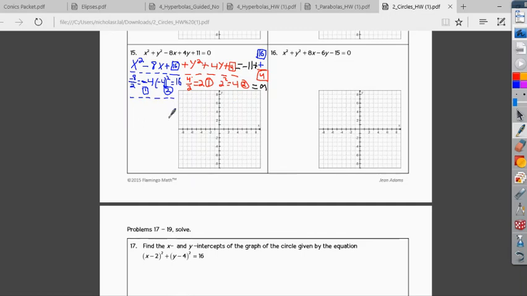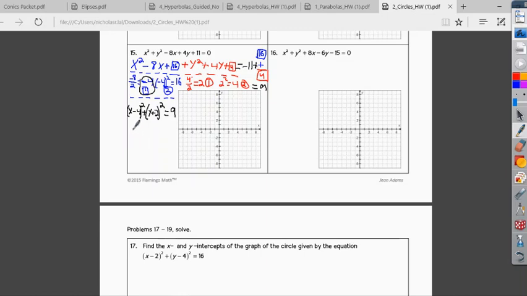So we're going to have x minus 4 squared. See that minus 4? X minus 4 squared plus y plus 2 squared is equal to 9.